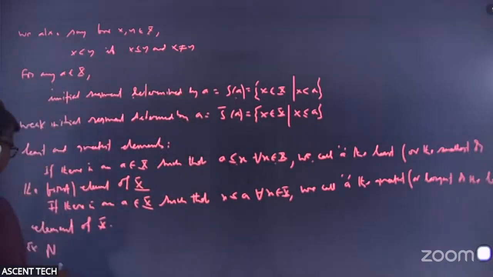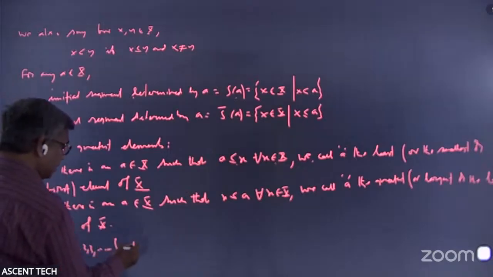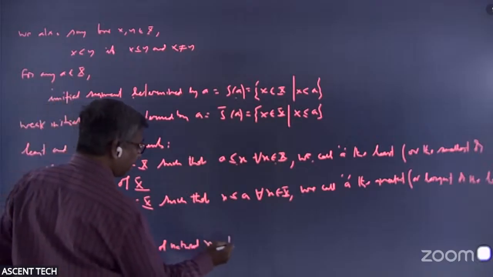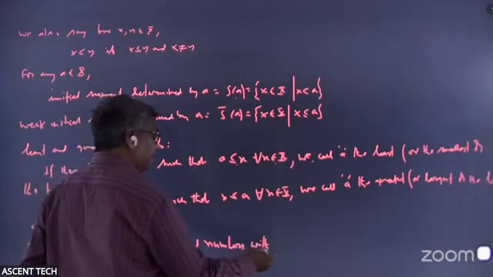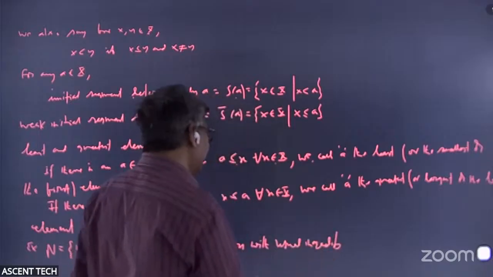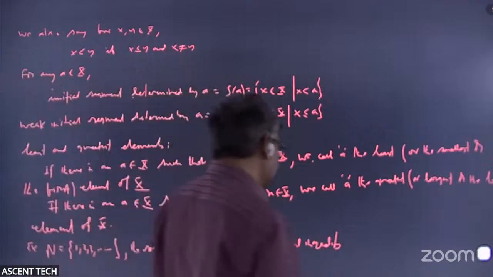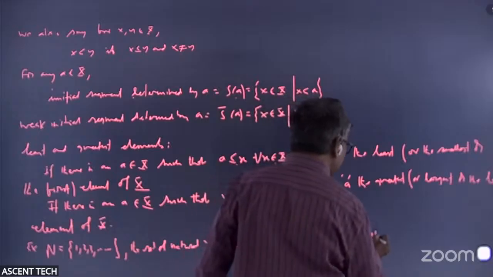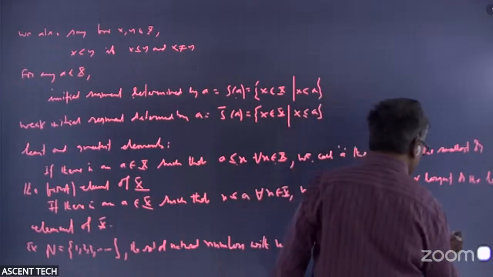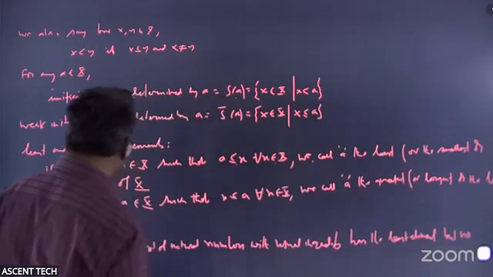Anyway, the set of natural numbers, N equal to 1 to infinity, with the usual inequality that everybody knows, has a least element but no greatest element.